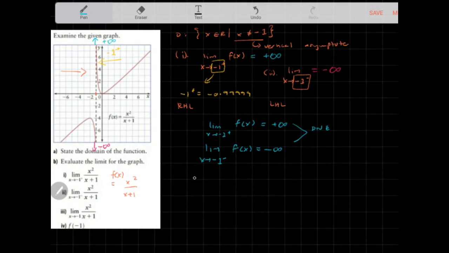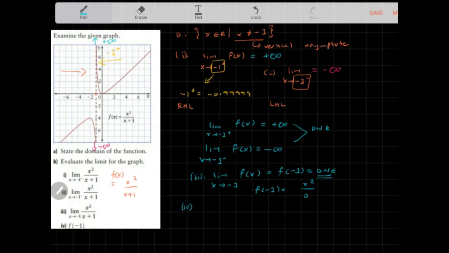In part 3, we have the limit as x approaches -1 of f of x, and we can understand that f of -1 here, according to the limit property, doesn't exist because f of -1 here is basically x squared over 0. Whenever you have a numerator over 0, the denominator is a restriction and it won't exist. So this actually doesn't exist either.